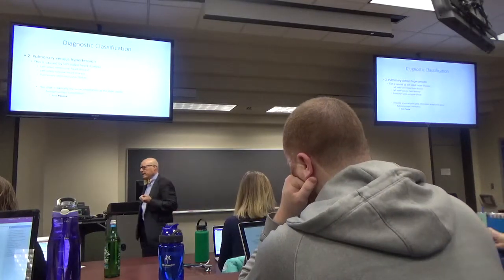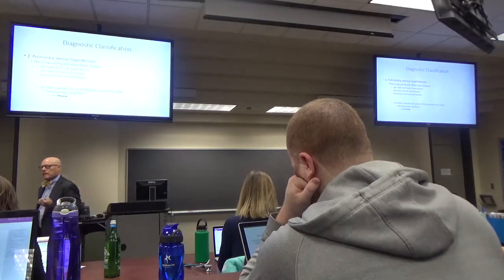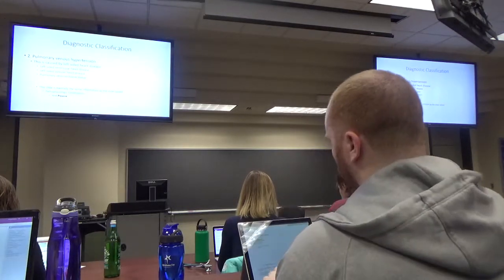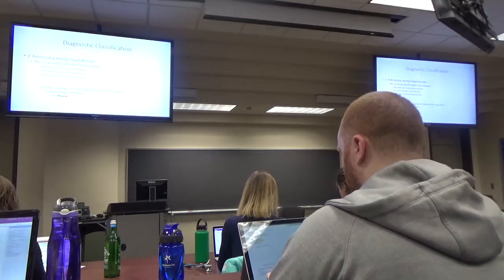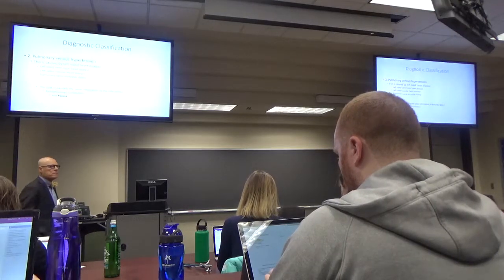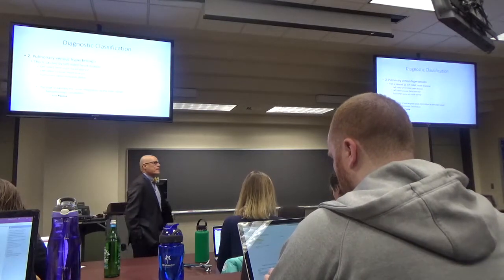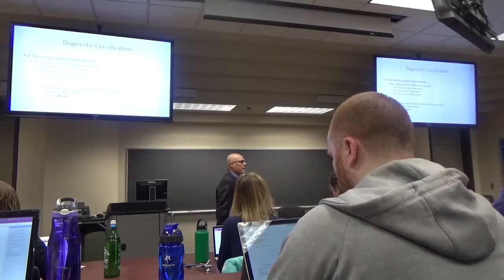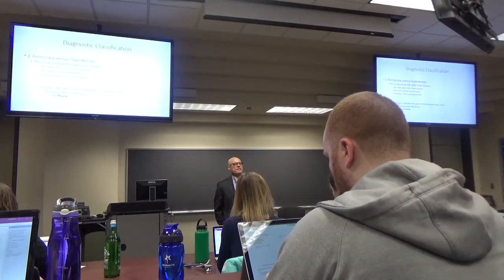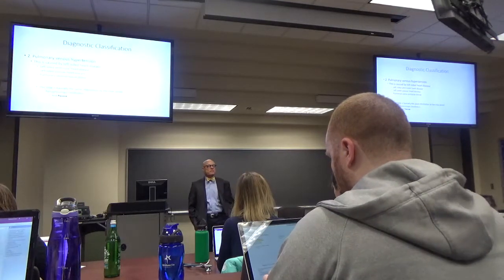They seem to be more common. They seem to be more important. And I suppose all those things are true. And so you'll spend more time talking about left-sided heart diseases than you will right-sided heart diseases.